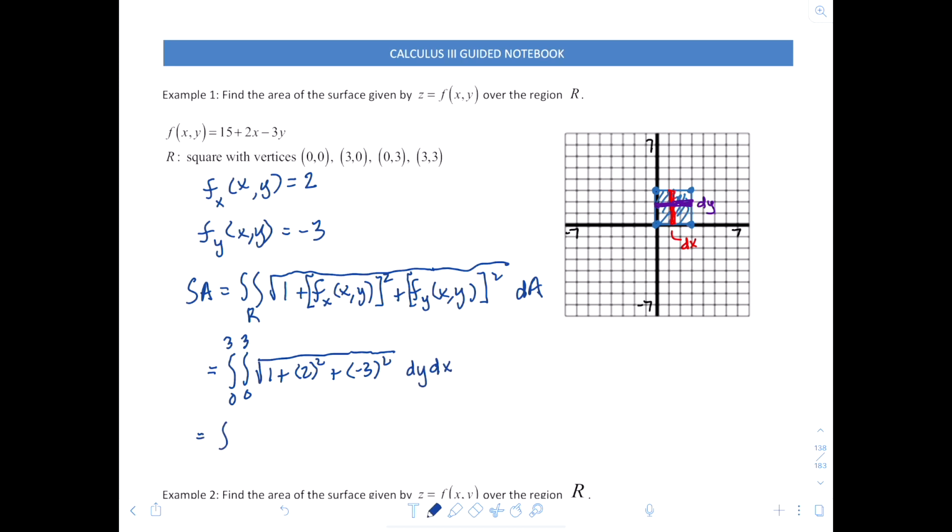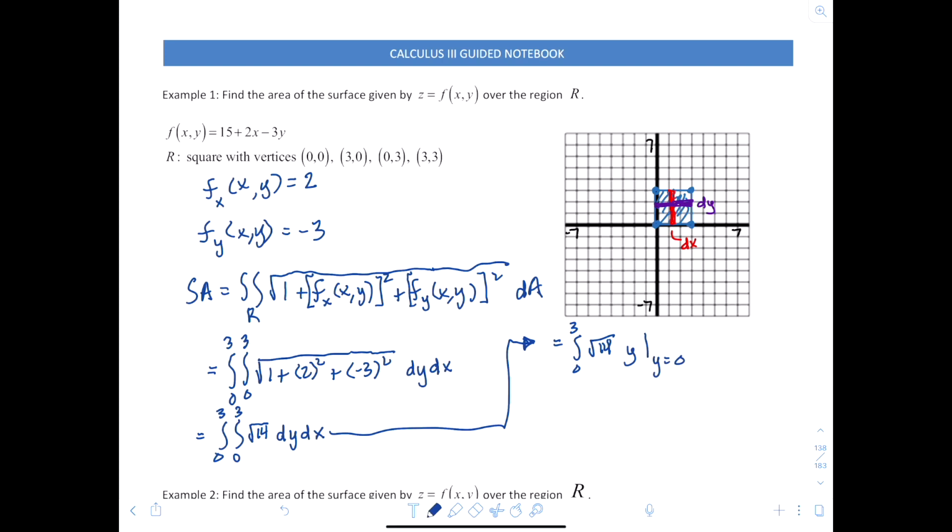So that'll be the integral from 0 to 3 of the square root of 1 plus 4 is 5 plus 9 is 14, which, don't let it confuse you, it's just a constant. So we will get the integral from 0 to 3 of root 14 times y, evaluated from y equals 0 to y equals 3.